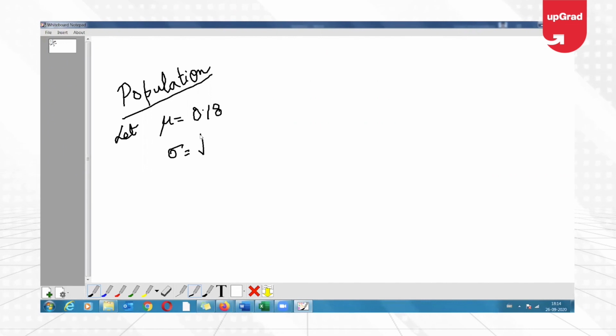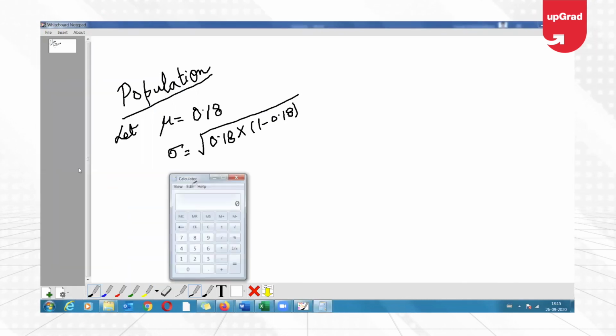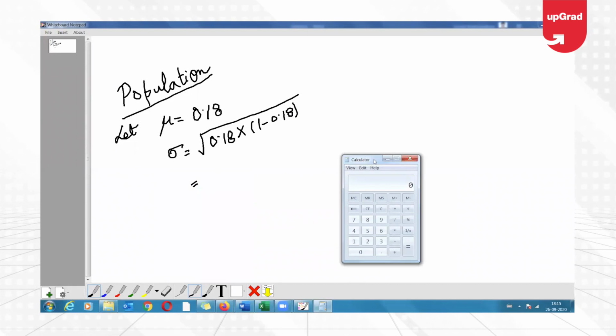So as far as the standard deviation is concerned, it is the square root of 0.18 into 1 minus 0.18, so that gives me 0.38.